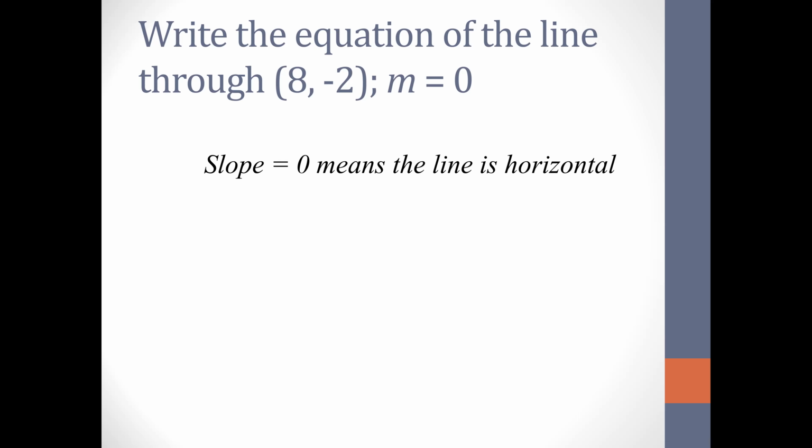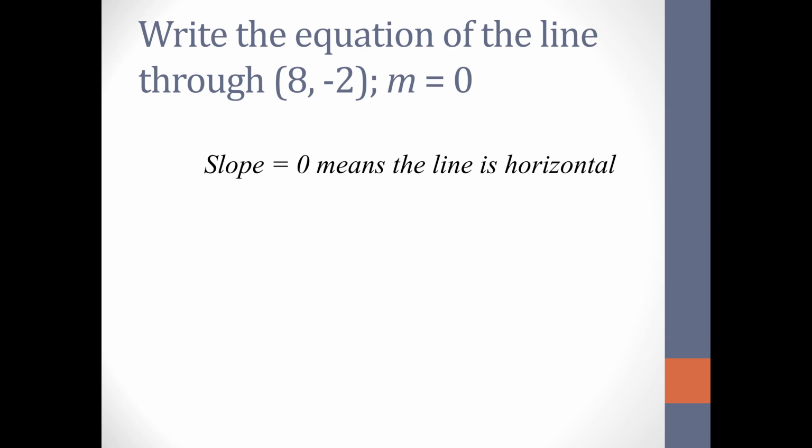And so just again, slope equaling 0 means that the line is horizontal. In this case, when we solved it, it crosses y at -2. So it means it's a horizontal line at -2 on the y-axis.